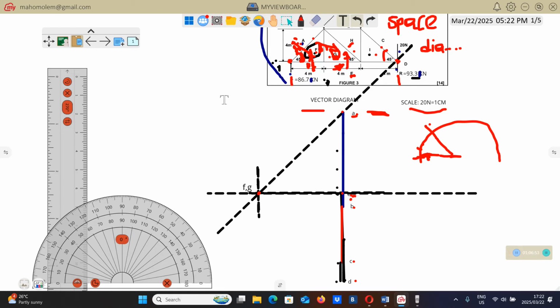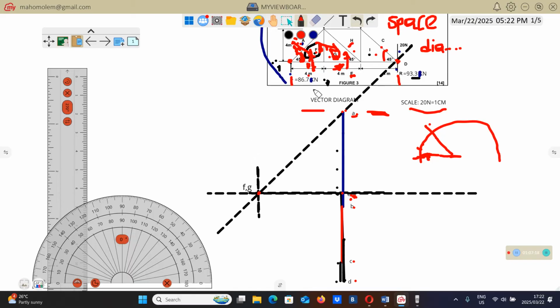Why? Because to find F, you draw a line from A to F. It's a line at an angle of 45. Here's A. From A, you draw a line at an angle of 45. Then from E to F, you draw a horizontal line. From E, draw a horizontal line, they meet here.